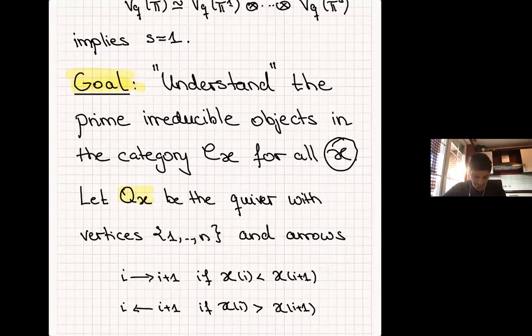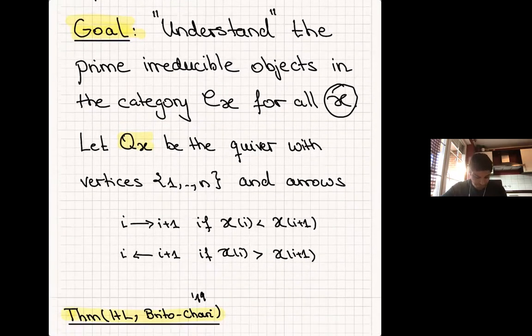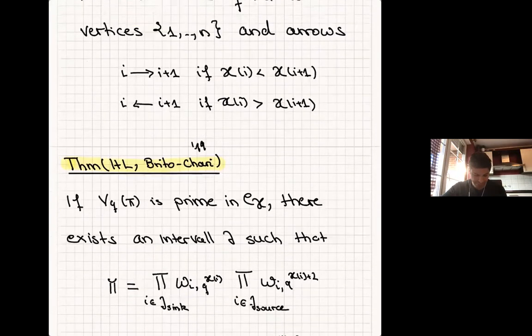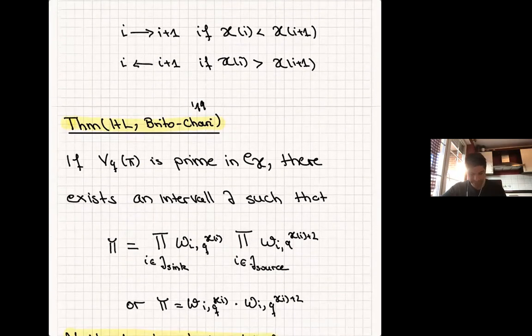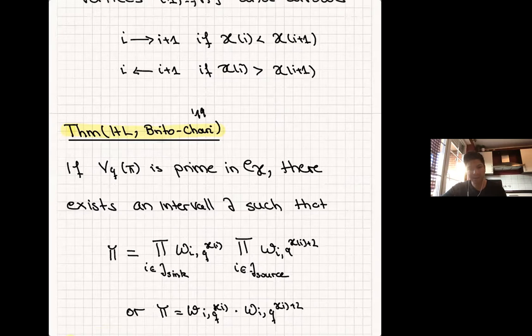Okay, and then there's the result of Hernandez and Leclerc. I think they stated it as a remark, but it turned out later that it's more involved than just a remark. And now it follows from a recent paper of Brito and Chari.